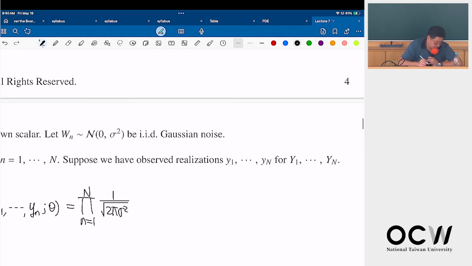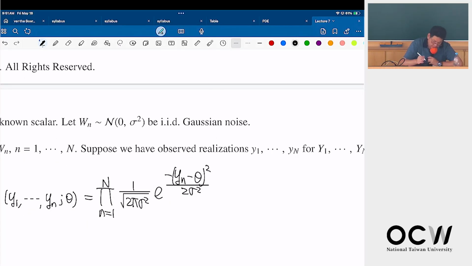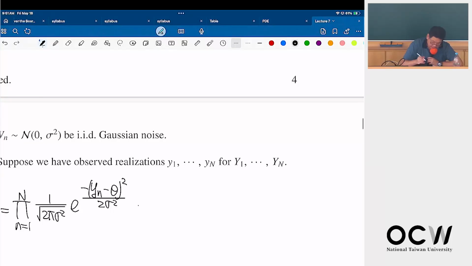Those are all known. The only unknown is the mean. So here I have 1 over square root of 2 pi sigma squared, n times, so this to the power capital N.